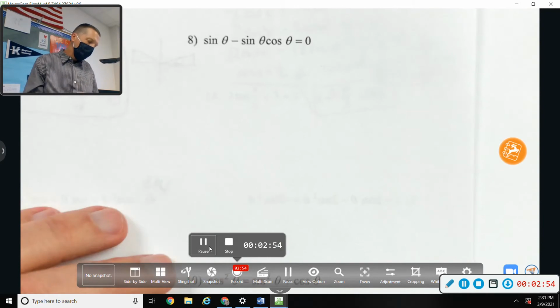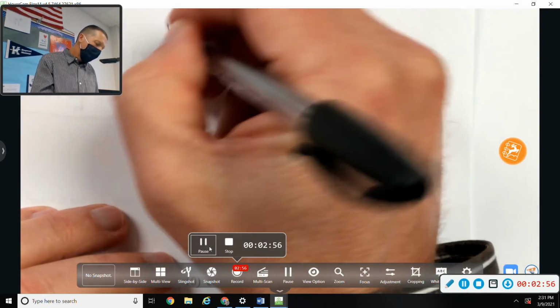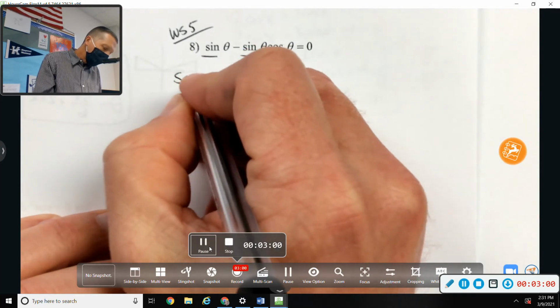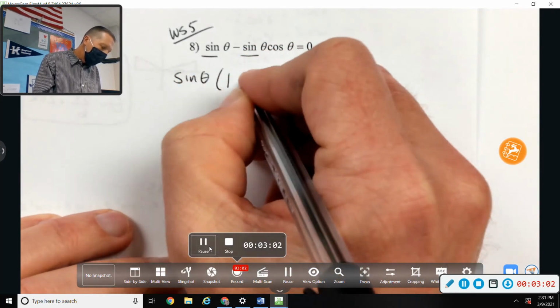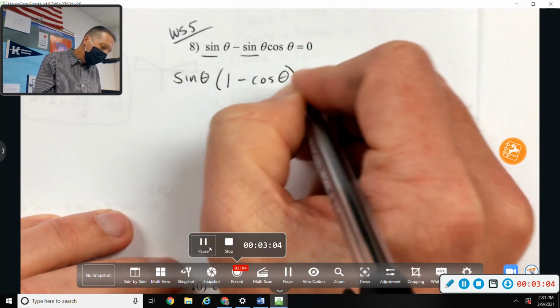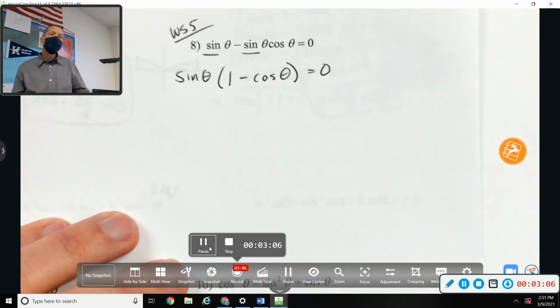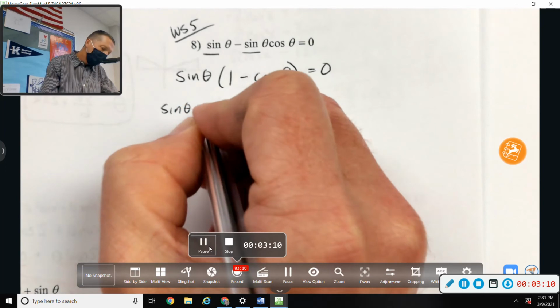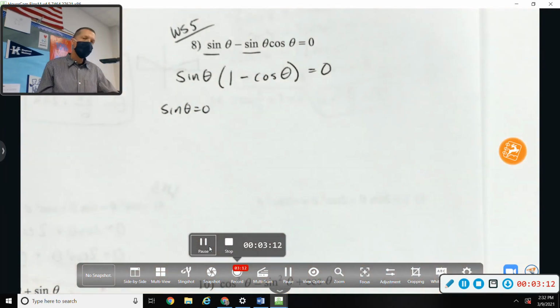Looking at number 8 from worksheet 5. They both have a sine in them, so I can factor out the sine. And that leaves 1 minus cosine. So I want to know where sine of theta equals 0. So, I guess this is the part that caught me. So I was like, okay, so factor it out.